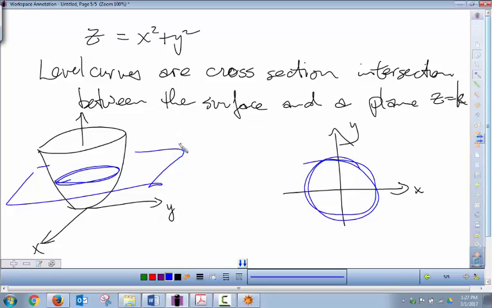We can be really specific with that. We could say we're going to cut it with the plane z is equal to 1. And then when you put z is equal to 1 into your equation, you're going to get x squared plus y squared is equal to 1, which we know to be the unit circle.